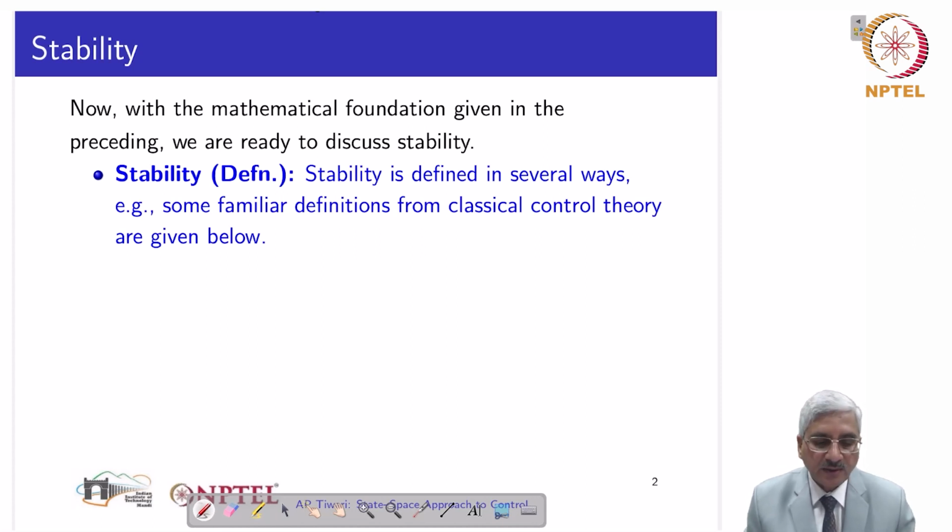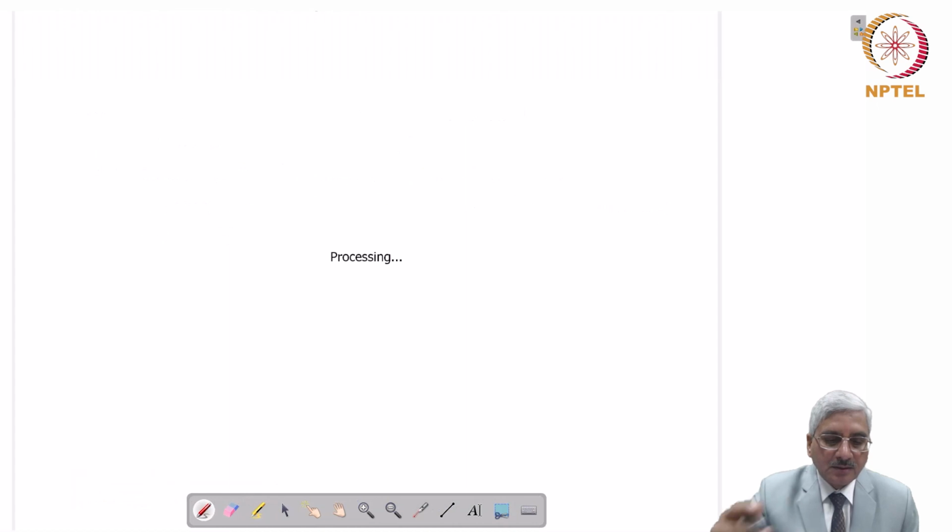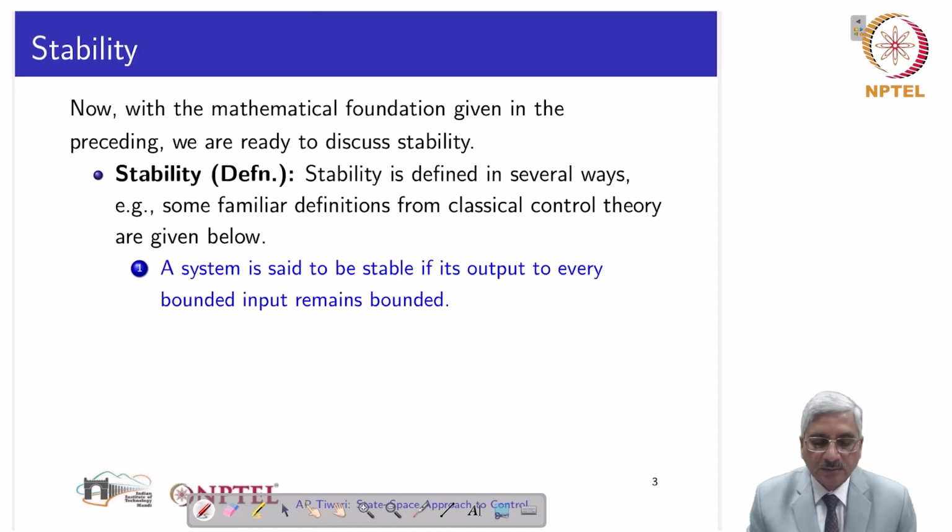Now we see a few definitions from classical control. These are reproduced below in my own language. A system is said to be stable if its output to every bounded input remains bounded. This is BIBO stability, bounded input, bounded output stability.